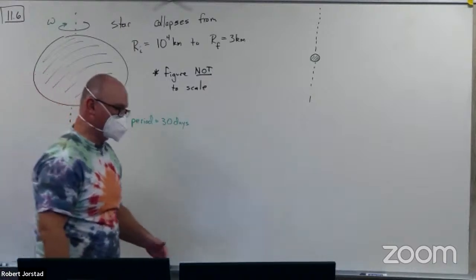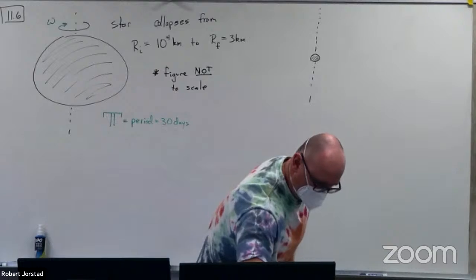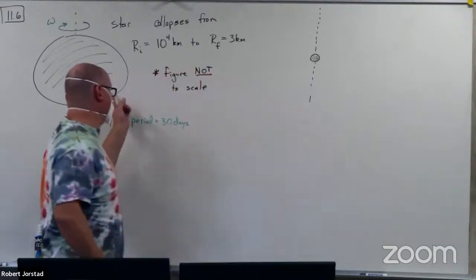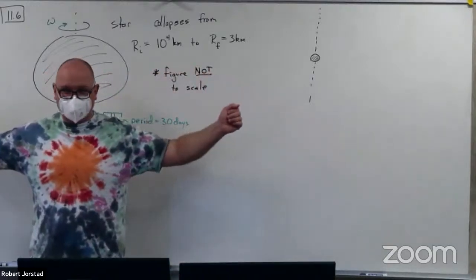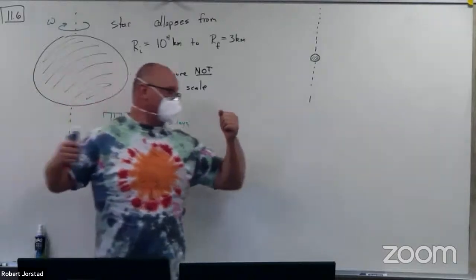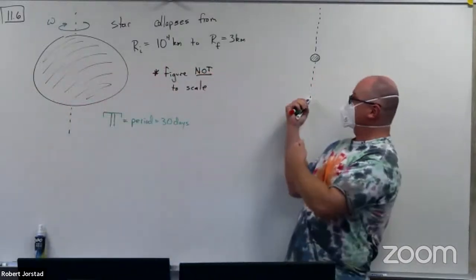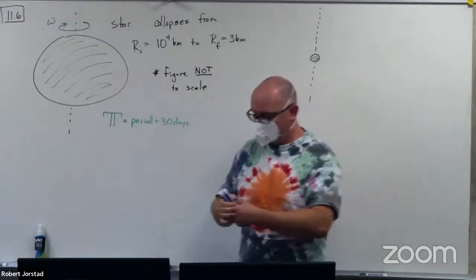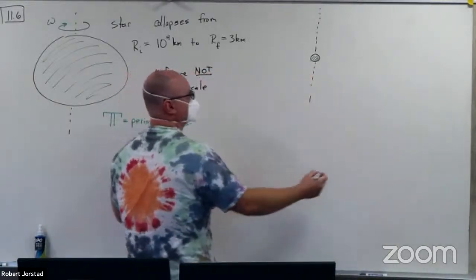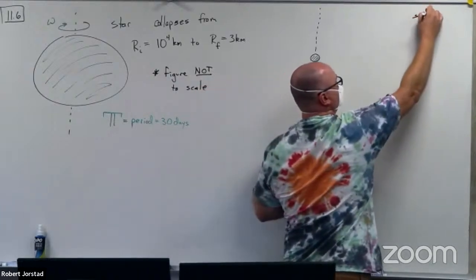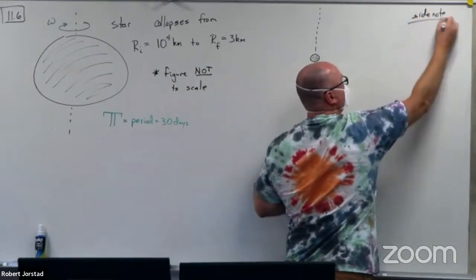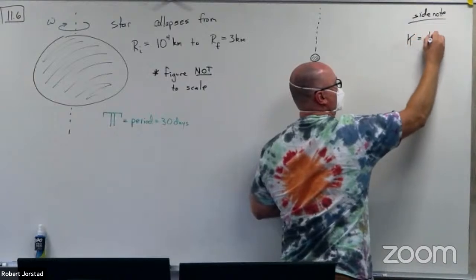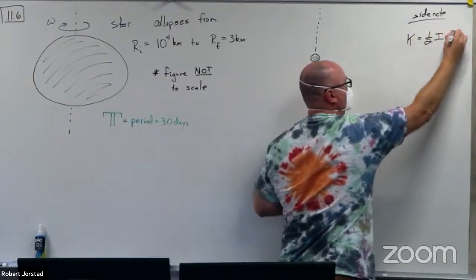I like to think about it this way. Figure skater, arms out. Figure skater, arms in, right? You bring the mass close to the axis, you speed up. And then the other attribute, just a side note: we know the kinetic energy is 1/2 I omega squared.